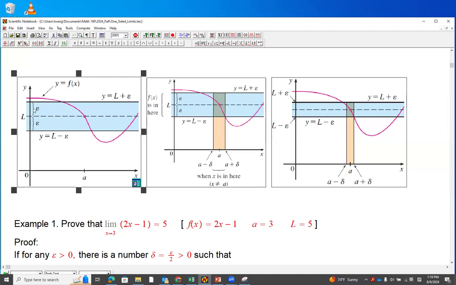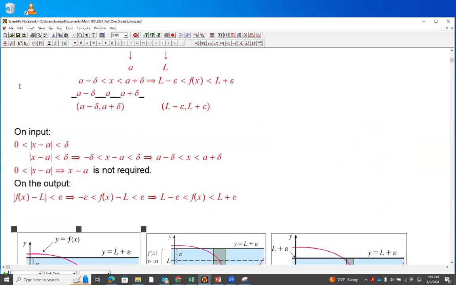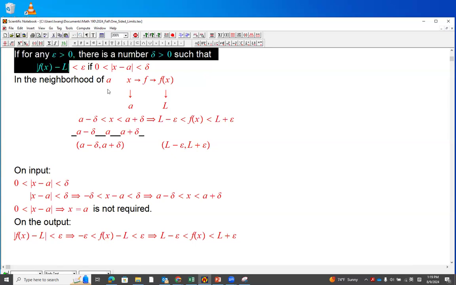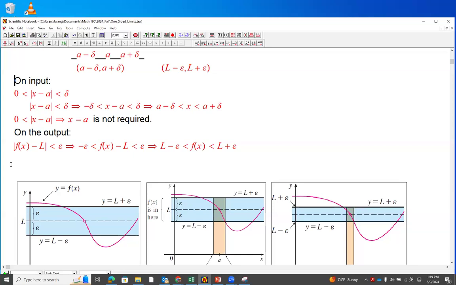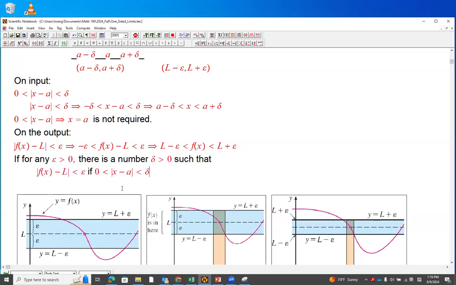For any one of those requirements, that's for any epsilon greater than 0.